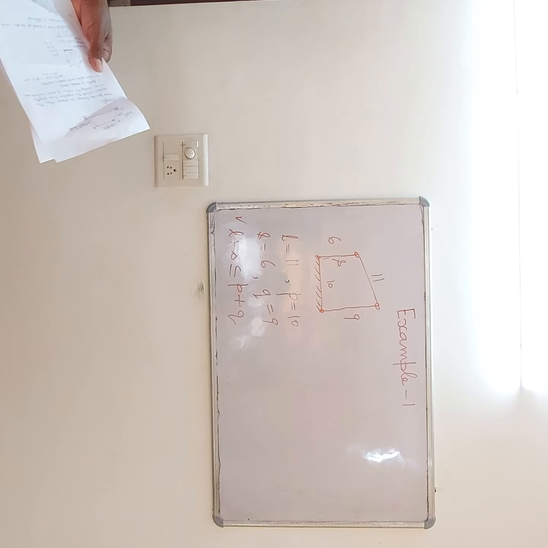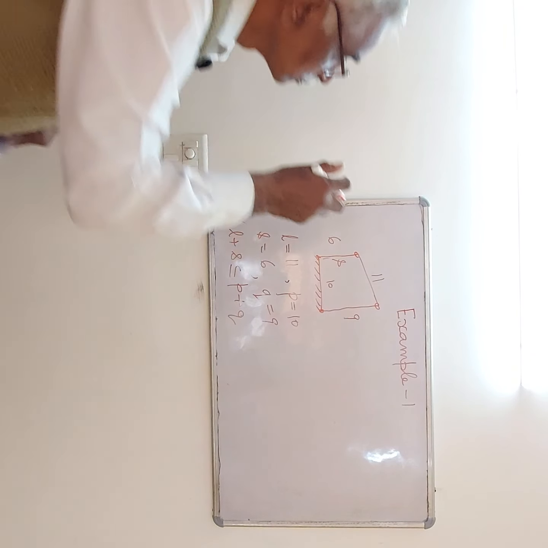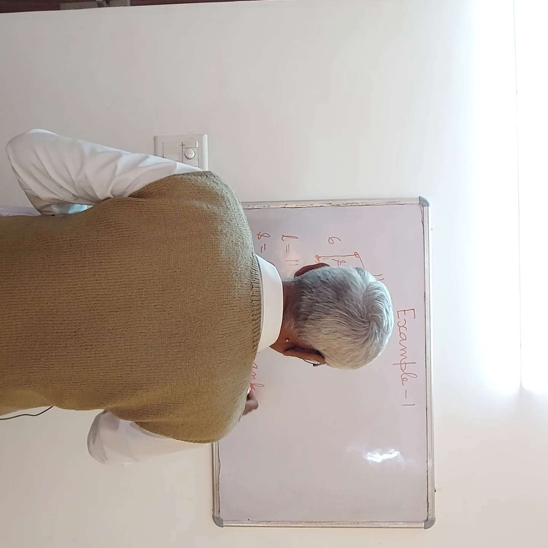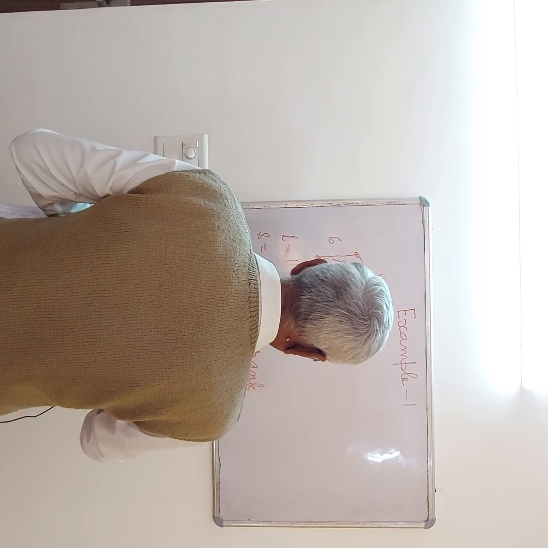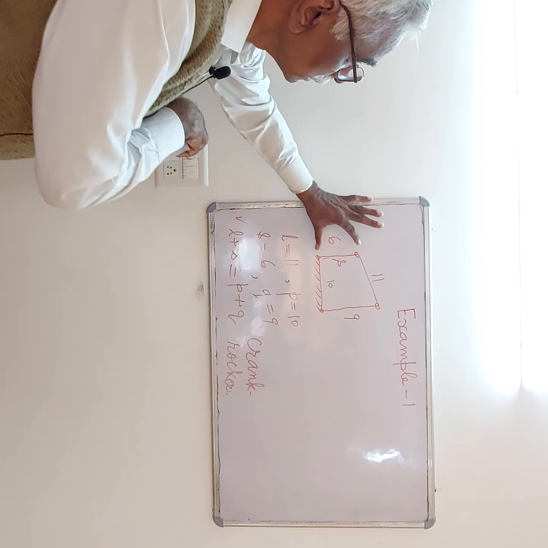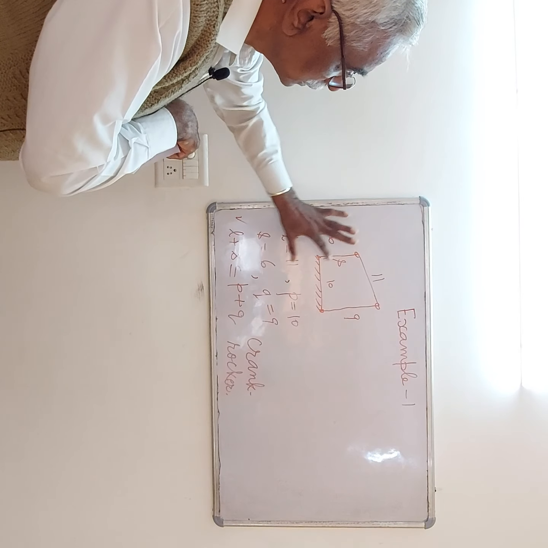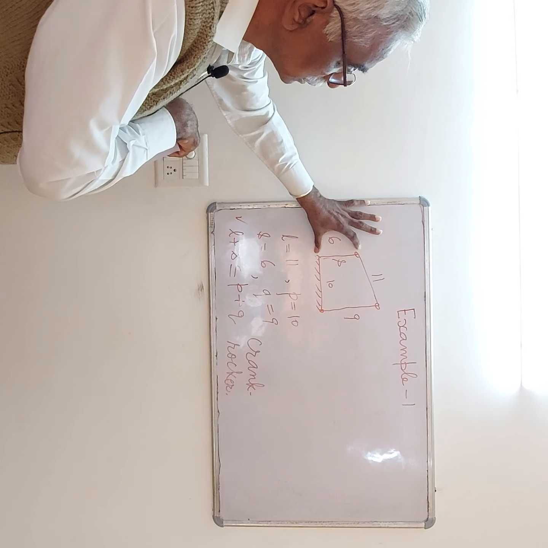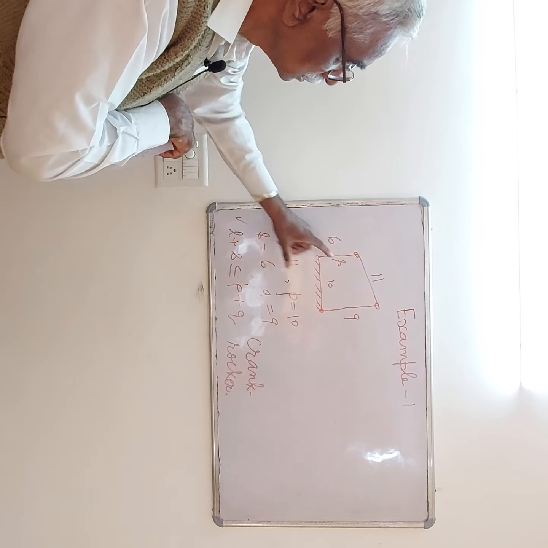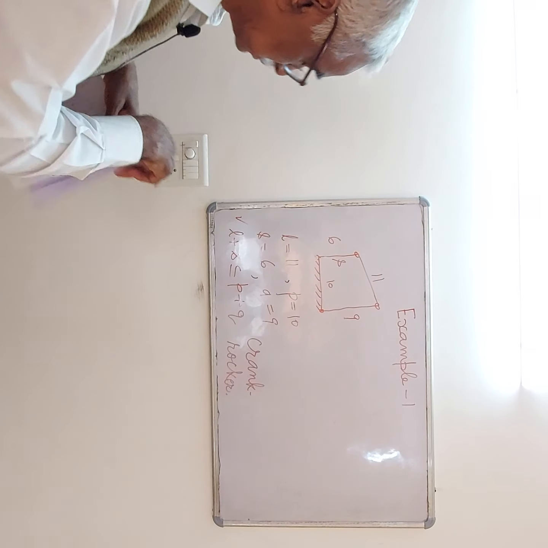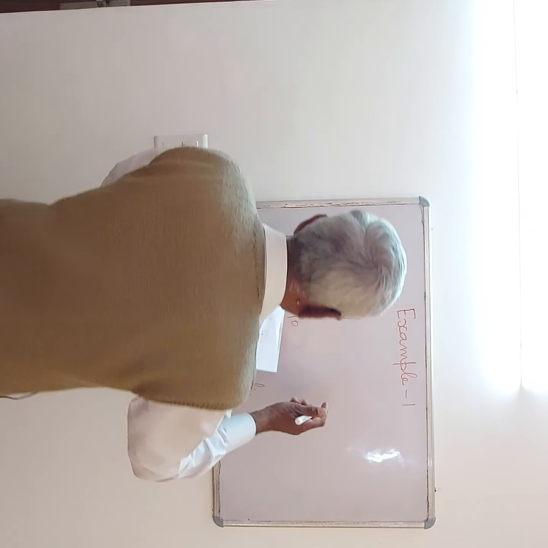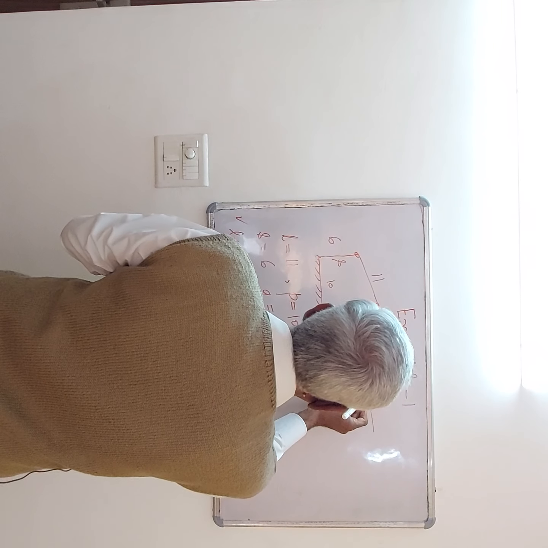It is a crank rocker mechanism, as per the given condition. The shortest link is the crank, and the link adjacent to the shortest link is fixed. So it is a crank rocker mechanism. The third example is like this.